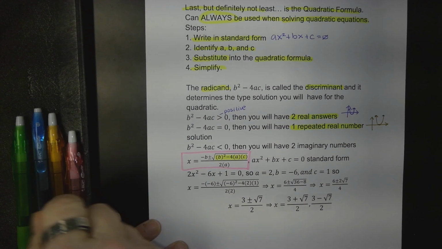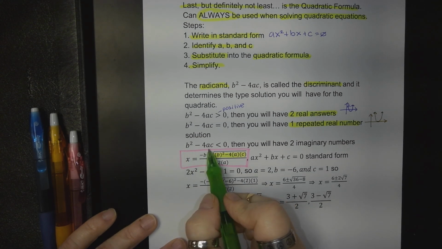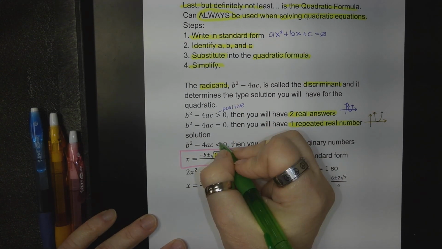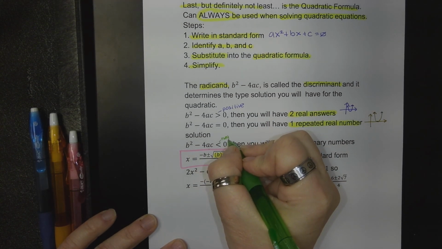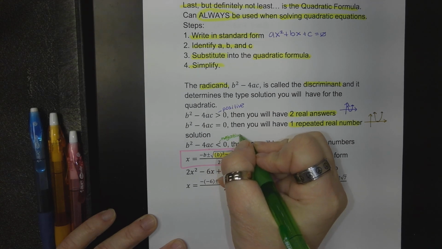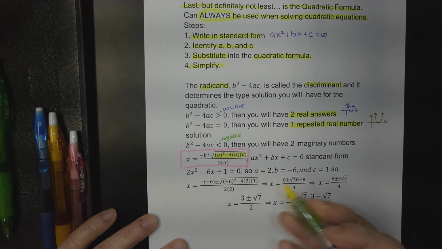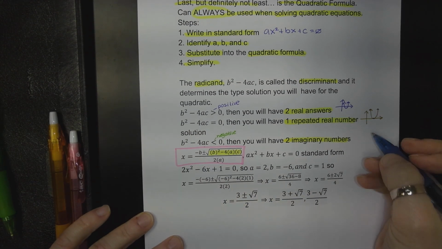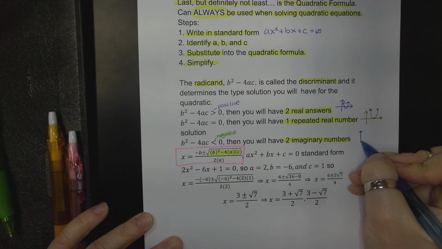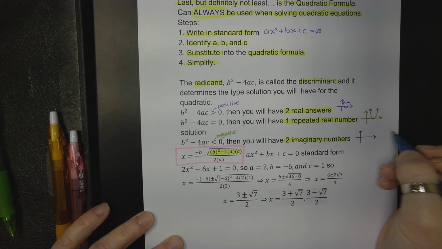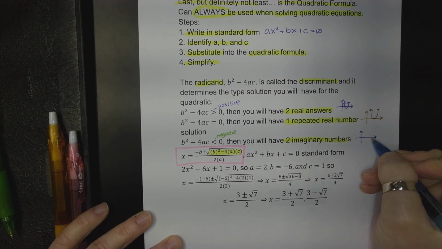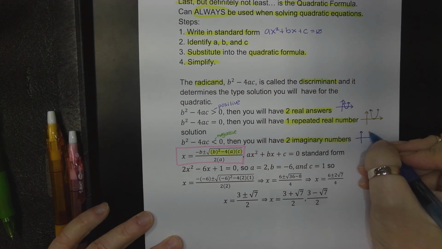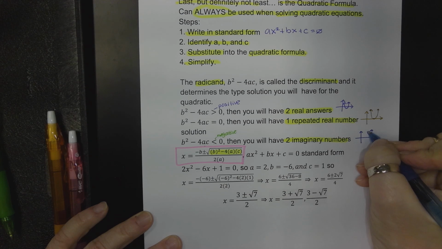And then here, when b squared minus 4ac is less than 0, which means negative, then we're going to have two imaginary numbers. And what that would look like when it's graphed: it's not going to touch the x-axis at all because it is imaginary, so it would be something like this.